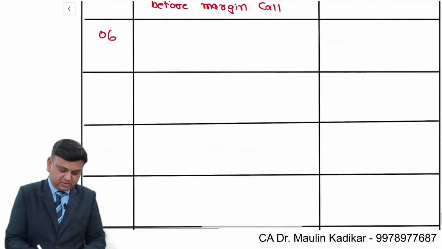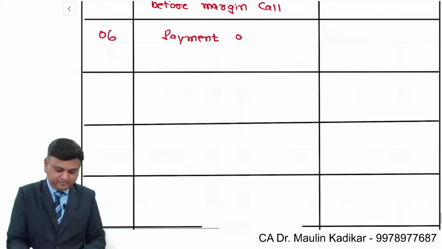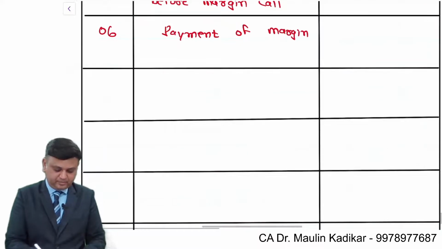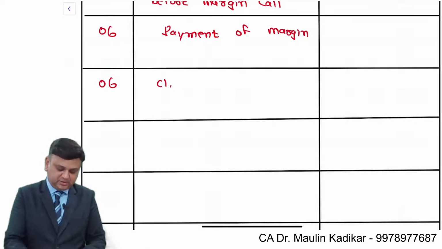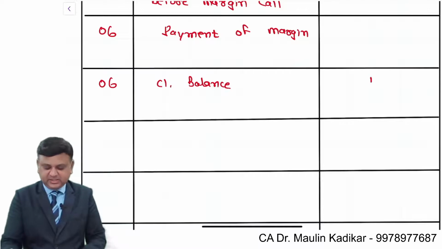So on sixth, that is again payment of margin. The closing balance on sixth should increase equal to the initial margin, that is 16,000.